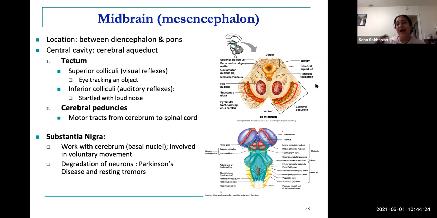So they basically have uncontrollable shakes. In these individuals, when you look at their substantia nigra, the neurons in that part of their brain are significantly degraded. So it's not the primary motor cortex that's affected, it's the substantia nigra portion of the midbrain that is affected. Just kind of sad.